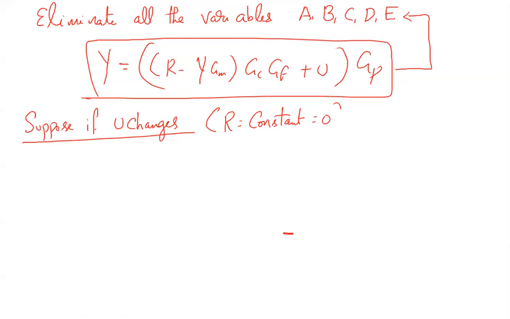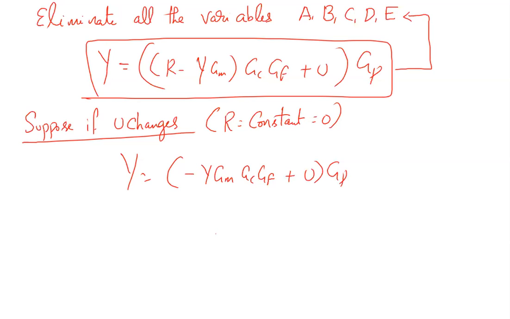I kept the set point at 60, so what is its deviation variable? 0, no? Then if I apply this equation, Y equals 0 minus Y GM GC GF plus U into GP.